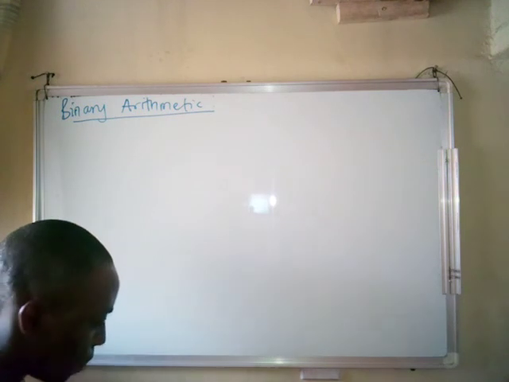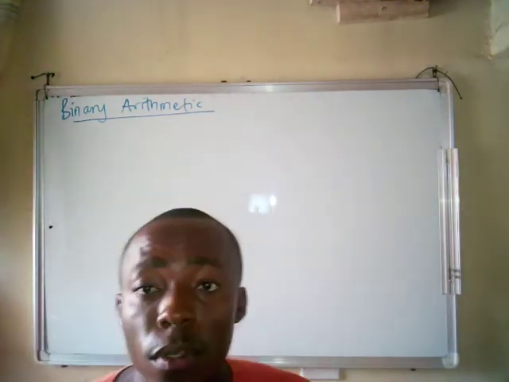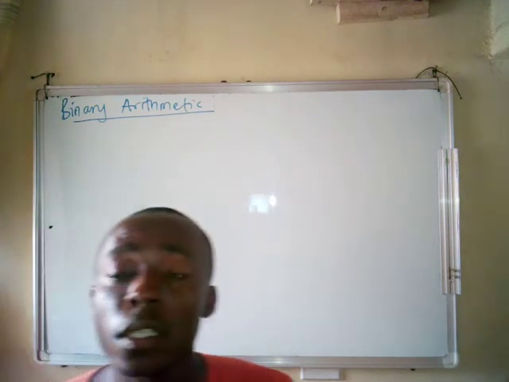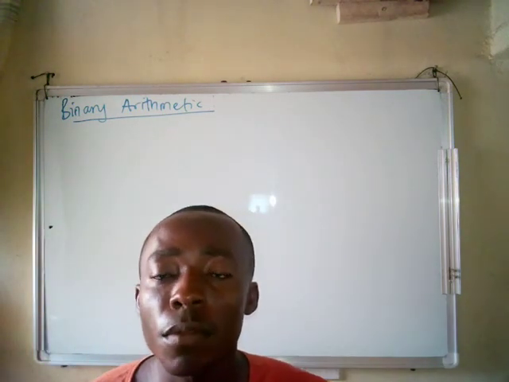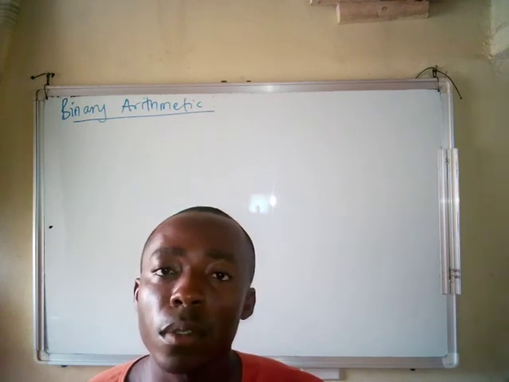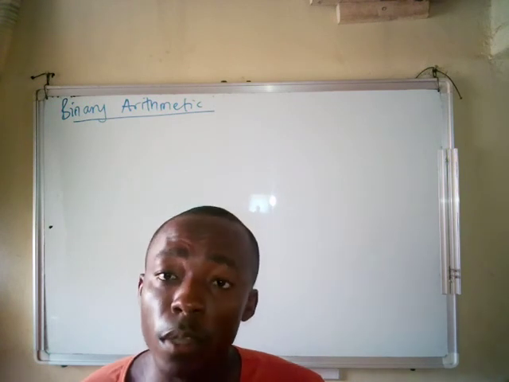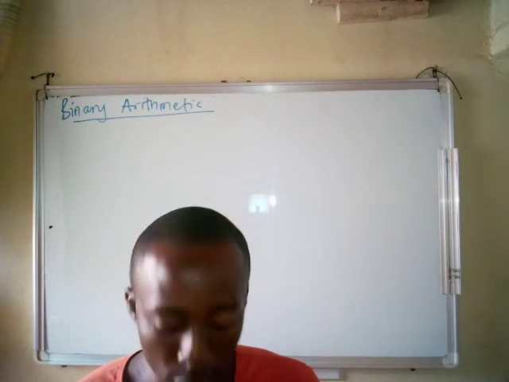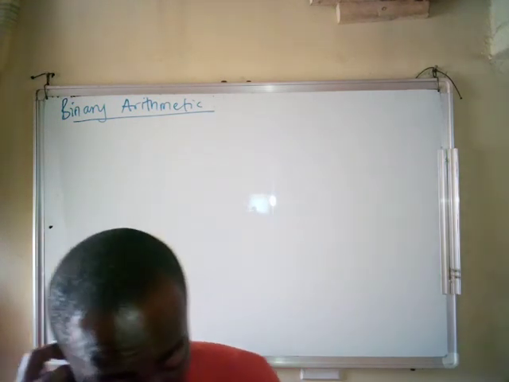Alright, it's understood that binary arithmetic is a very essential part of digital systems. When you refer to digital systems, you're talking about computers and the likes, gadgets that use some of those things, and many other digital systems in the world.